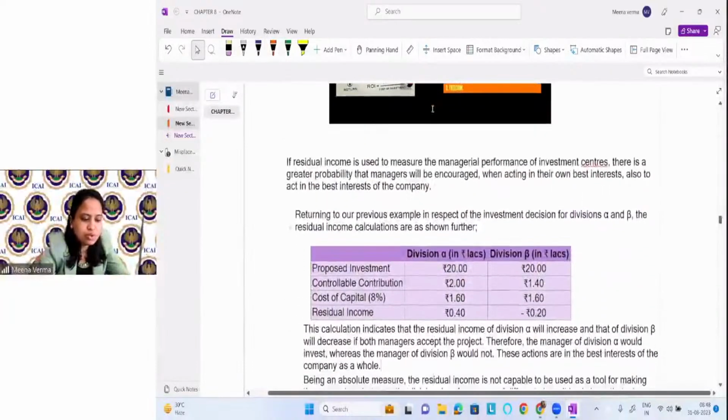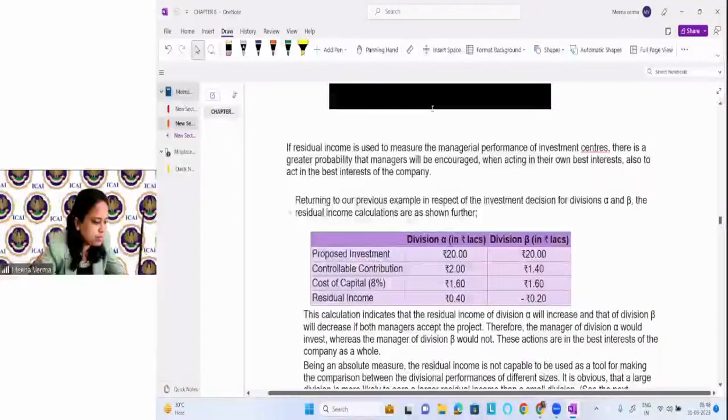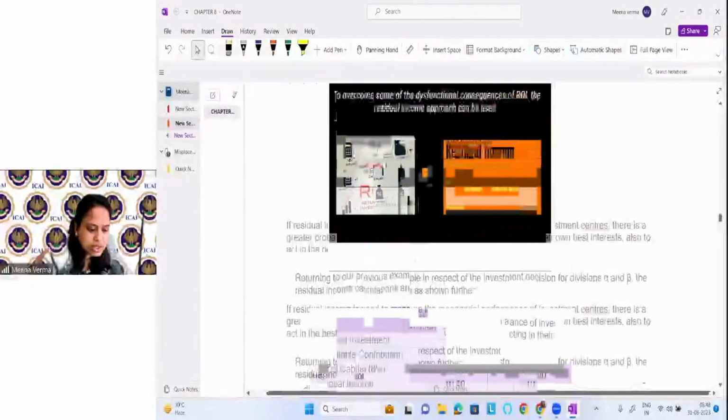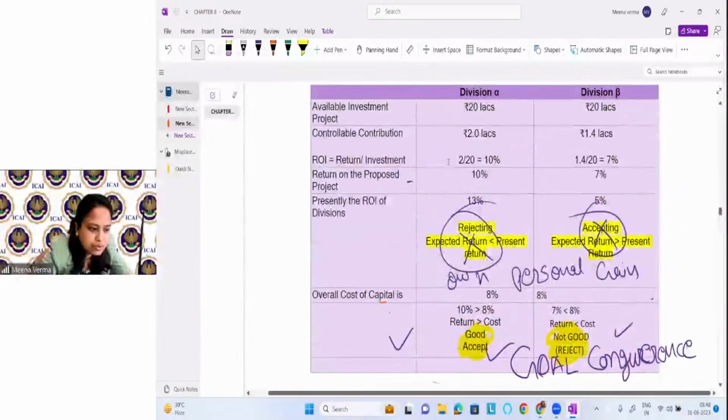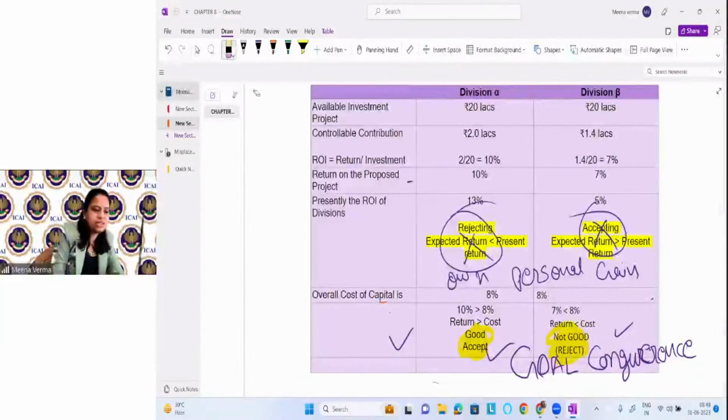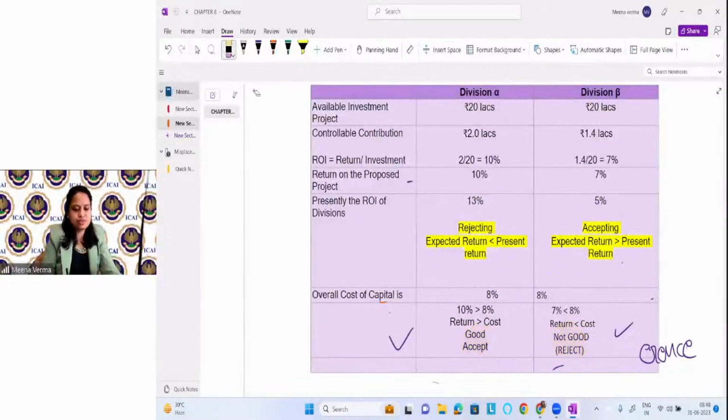Returning to the previous example, the same example they are considering, and on it the company is trying to find out the residual income. Contribution is given here. Now let's find the residual income with all these figures.